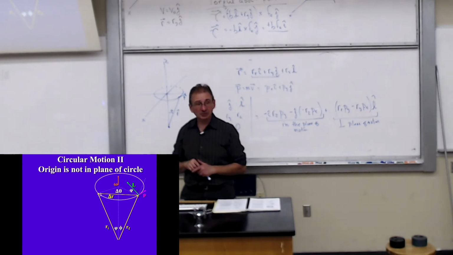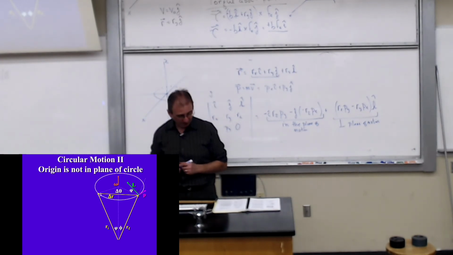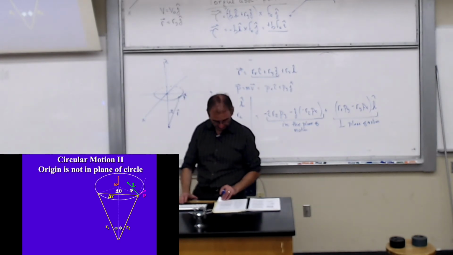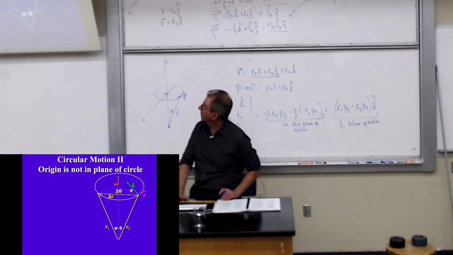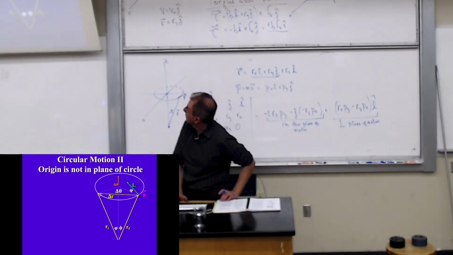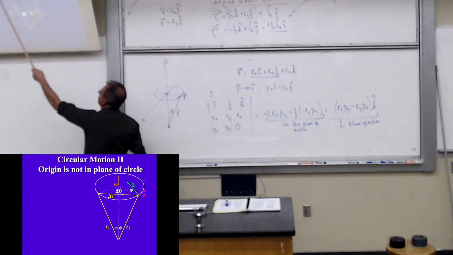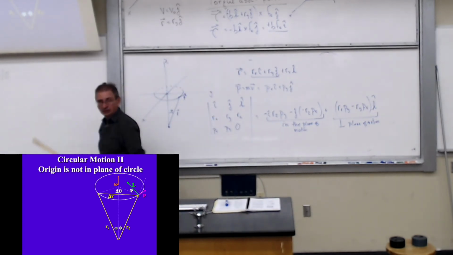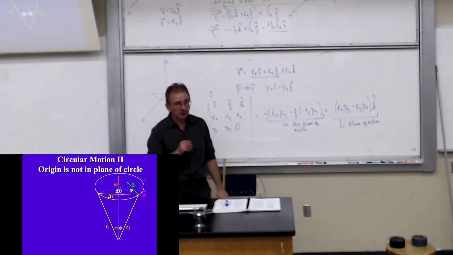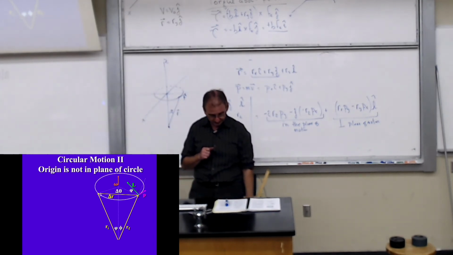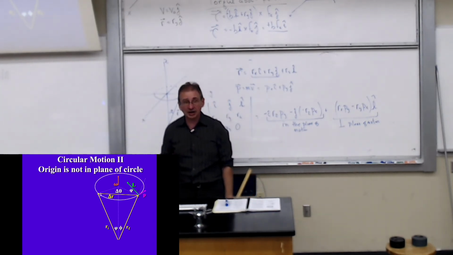Let's say something about this problem. I want to look at the motion of that object between the 2 points shown, from here to here. Okay? Let's assume omega is constant. It's just going in a circle at a constant speed.